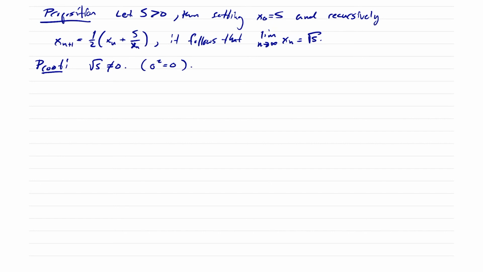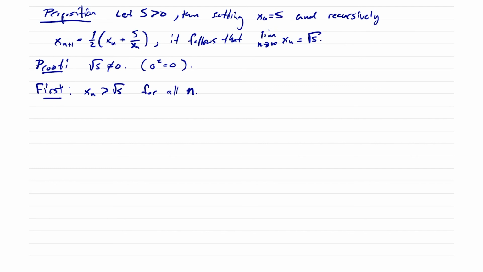First thing we're going to show is that xn is greater than the square root of s for all n.